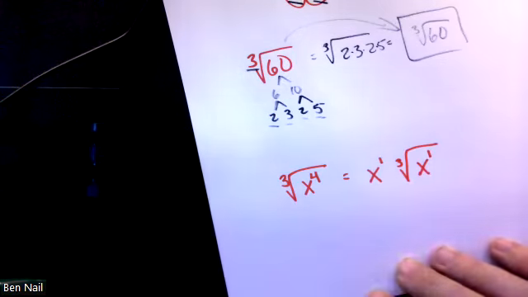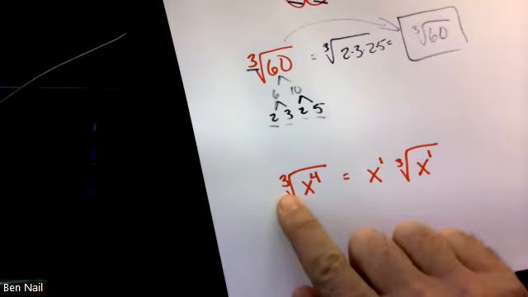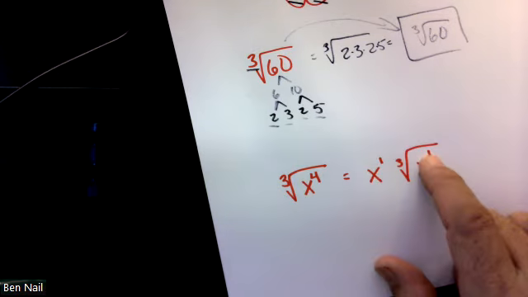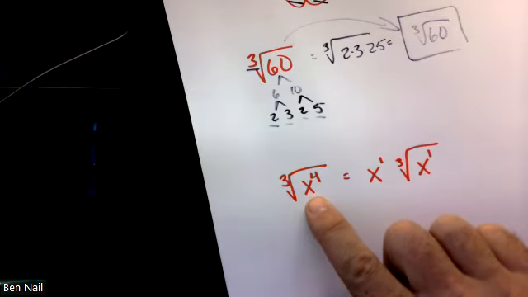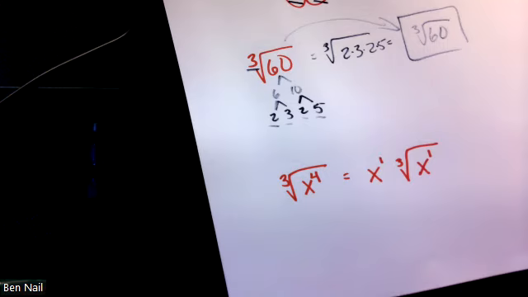So any remainders are what stays inside of your radical. So the simplified form of the cubed root of x to the 4th is x times the cubed root of x.